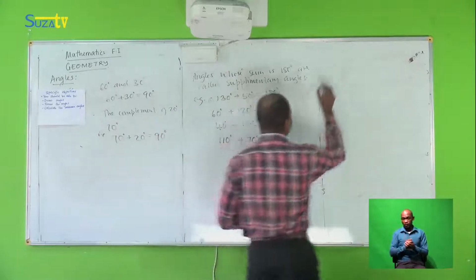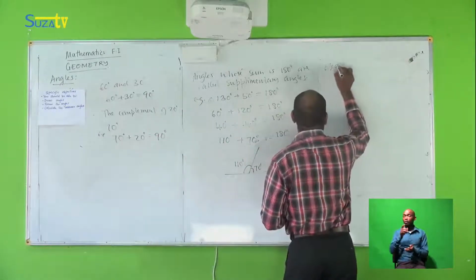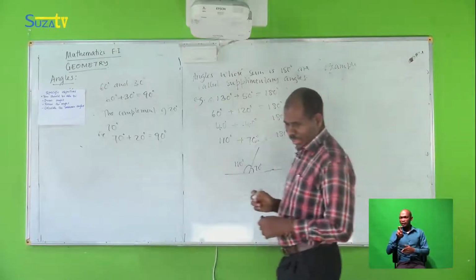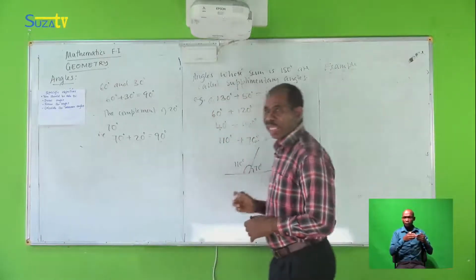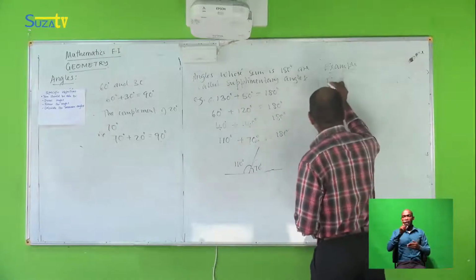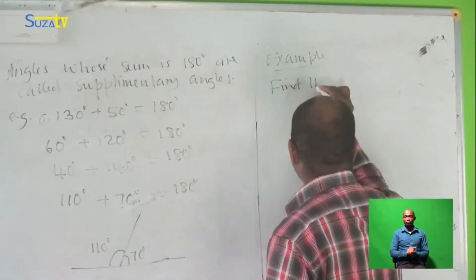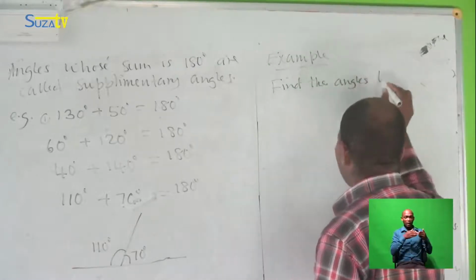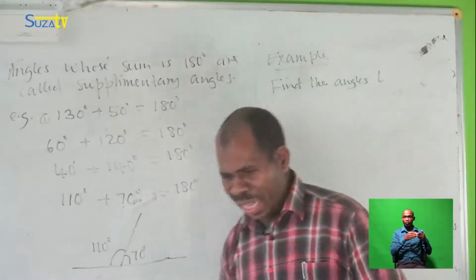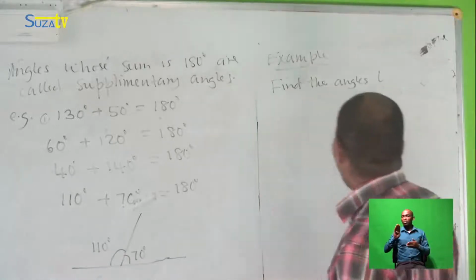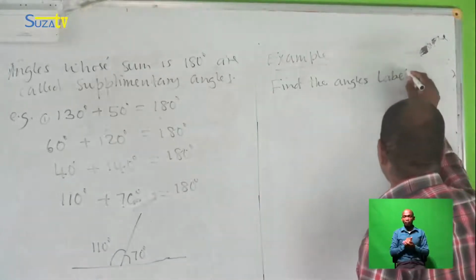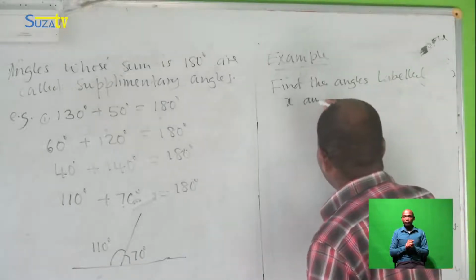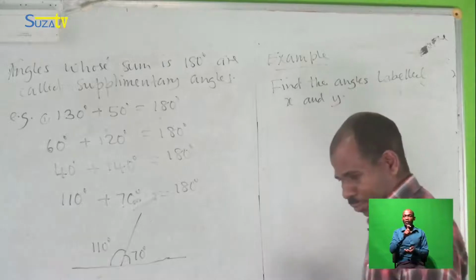The question is, example, find the angles labeled X and Y.